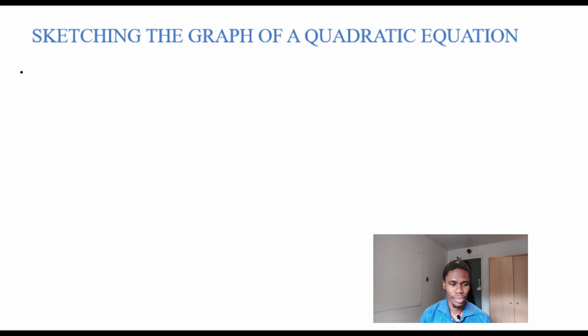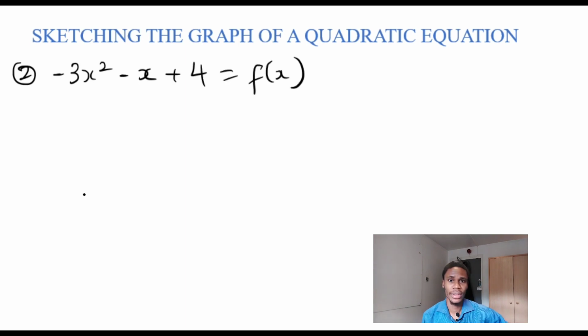Example 2. Minus 3x squared minus x plus 4 is equal to f of x. This is our question. So the first thing we are going to find out is our axis of symmetry, which is x. A equals minus 3, B equals minus 1, and C equals 4.